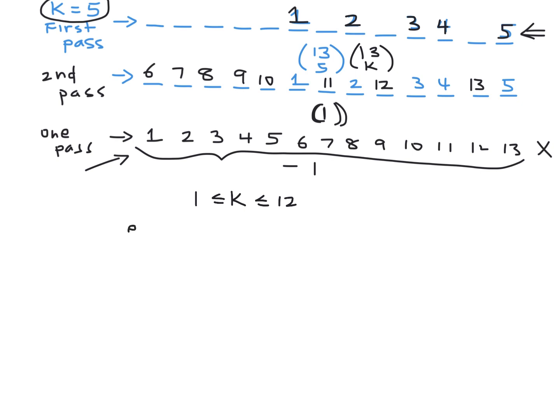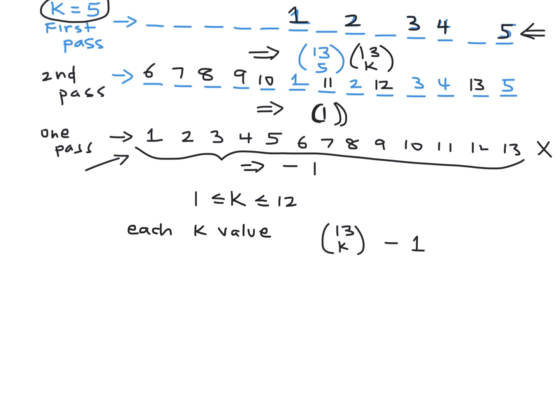So for each k value, the number of ways is 13 choose k from up here. This is just 1, so that's not going to make a difference. You can put it in if you want, but you don't need to. And then subtract this one over here, because we don't want that one.